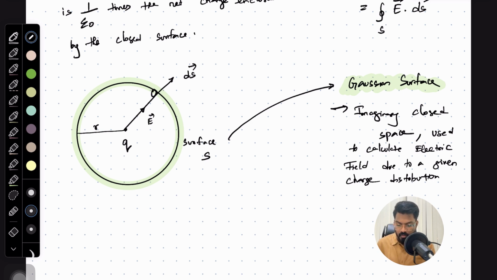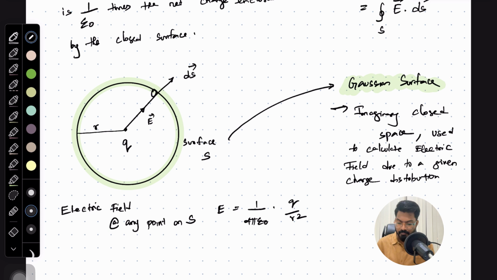Now what we can say is the electric field at any point on S is given by E equals 1 by 4 pi epsilon naught into Q by r square.